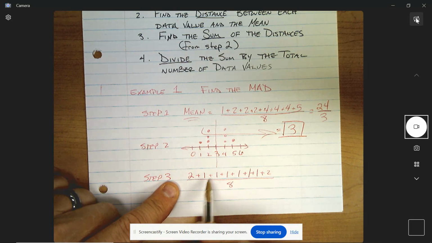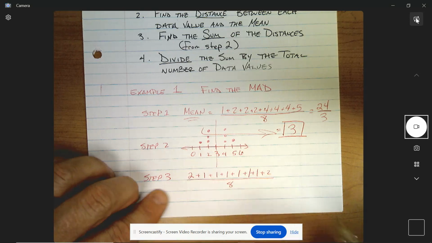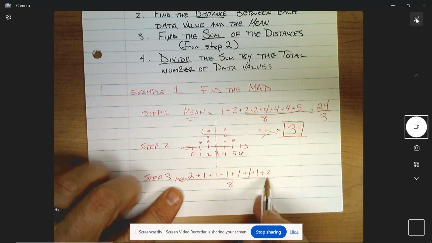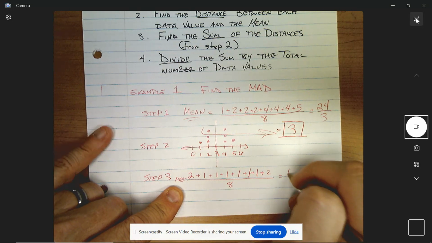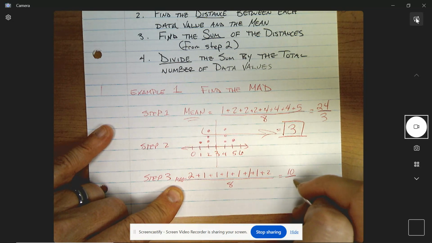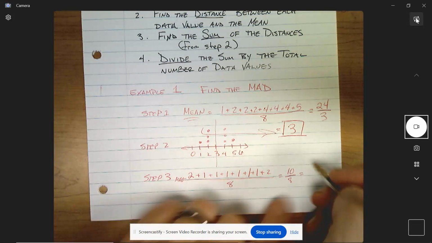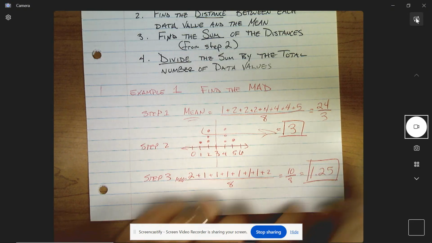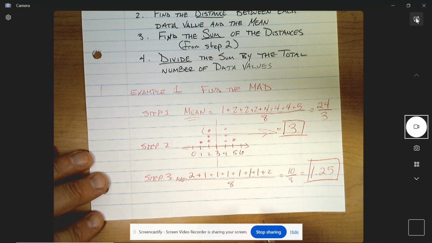Now the distance, this is the mean absolute deviation. The distance is going to be 10 this time. I still have my 8 numbers, so now my distance is 1.25. That is my mean absolute deviation.